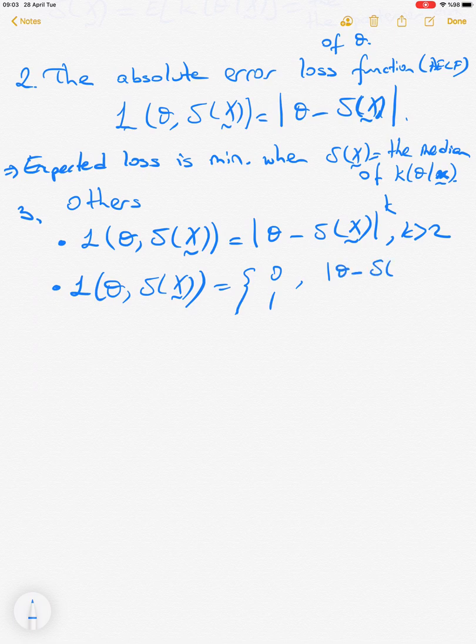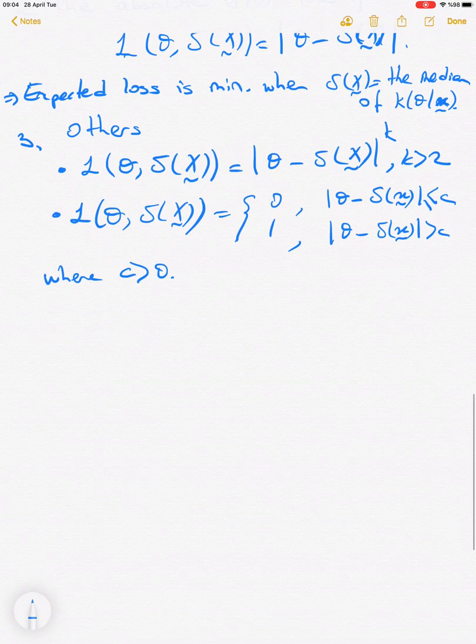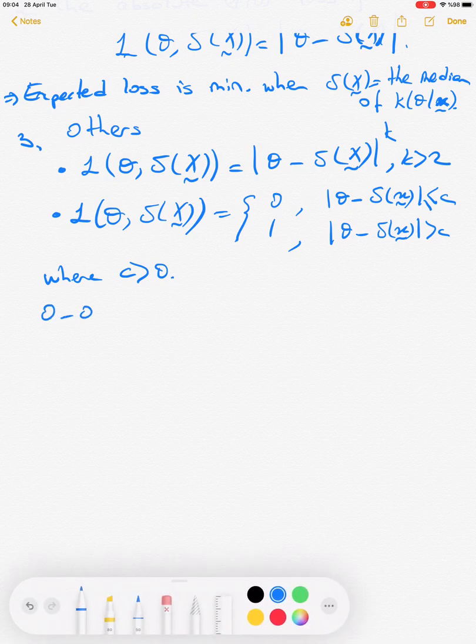If you have binary variables, this type of thing can be good. You have to define some threshold c, giving no weight to the middle but high weight to the tails, or the big differences.